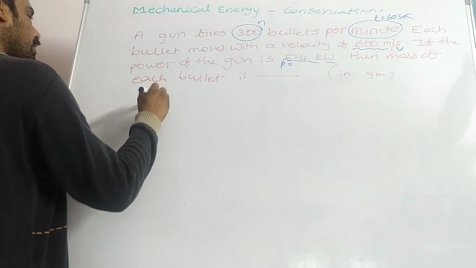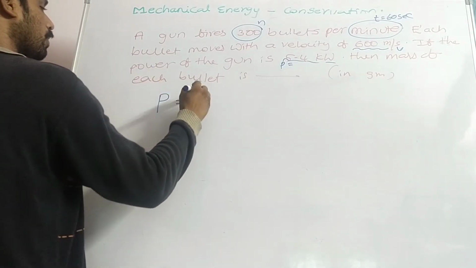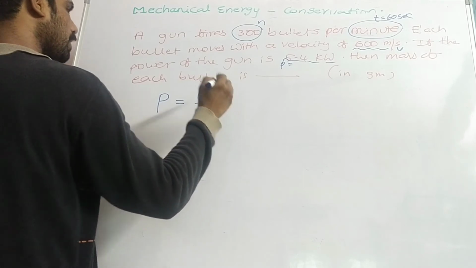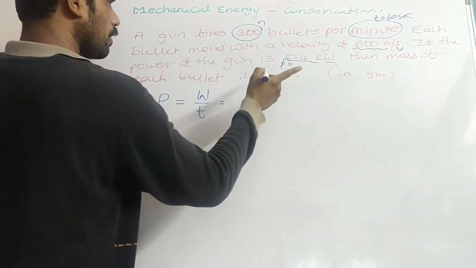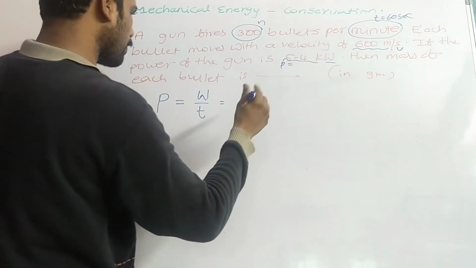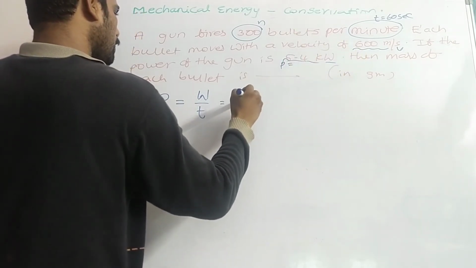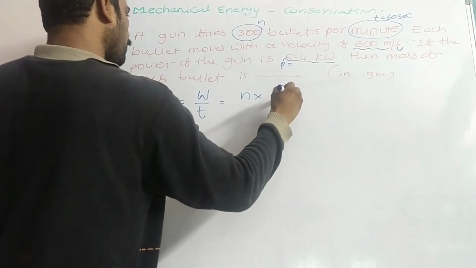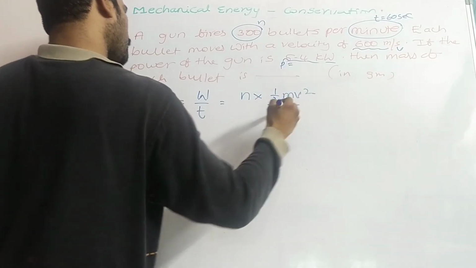So we have power P is equal to work done by time. But here number of bullets released and they are moved, that means energy possessed by the body by virtue of its motion. That's why we have to take number of bullets into half mv square by time t.